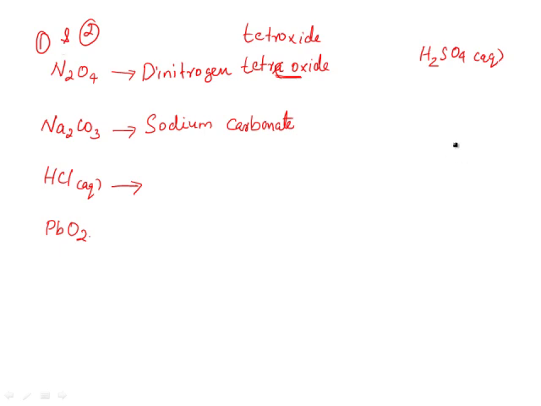Perchloric acid means, what is perchlorate ion? ClO4 minus, right? So when that minus charge is balanced with a hydrogen, this is called perchloric acid. Because once again, this is a polyatomic acid. It's not a binary acid. So you just focus on it: perchlorate becoming perchloric acid, just like sulfate becoming sulfuric acid.